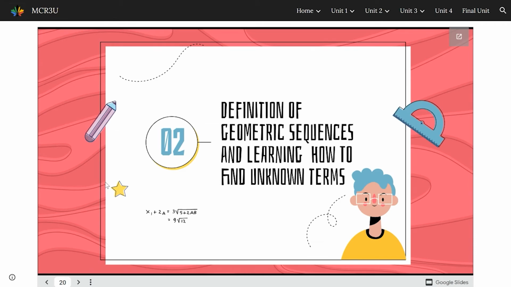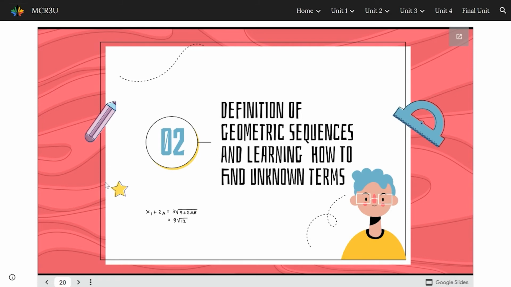That finishes unit 1, lesson 1 and 2. Unit 2 is about what the geometric sequence is and learning how to find unknown terms.